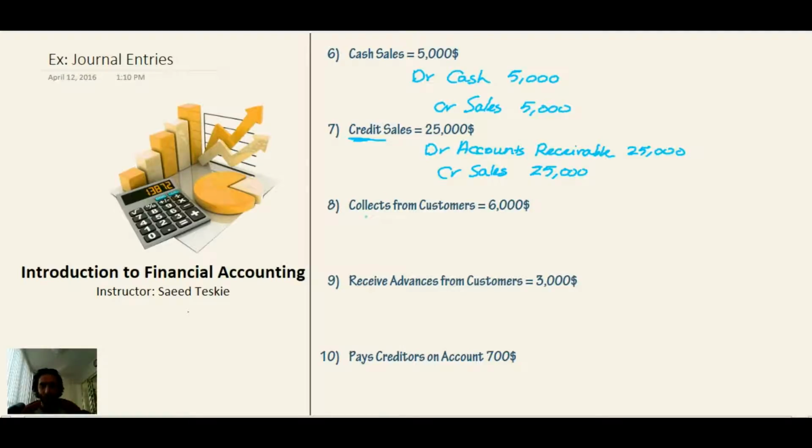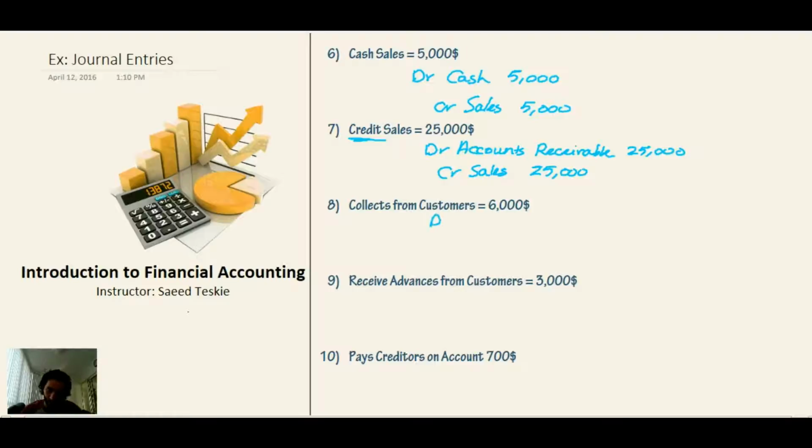Okay, we collected from customers that bought on credit. They paid us 6,000 later. So what should we do? Our cash increased by 6,000, but what should we credit? We have to decrease accounts receivable by the amount.